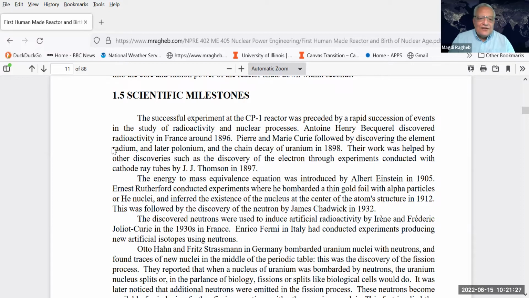She discovered the element radium in the ores of uranium, and later on she discovered another element. Since she lived in France, married to Pierre Curie, but her native country was Poland, she named it polonium. So polonium is named after Poland by Marie Curie.